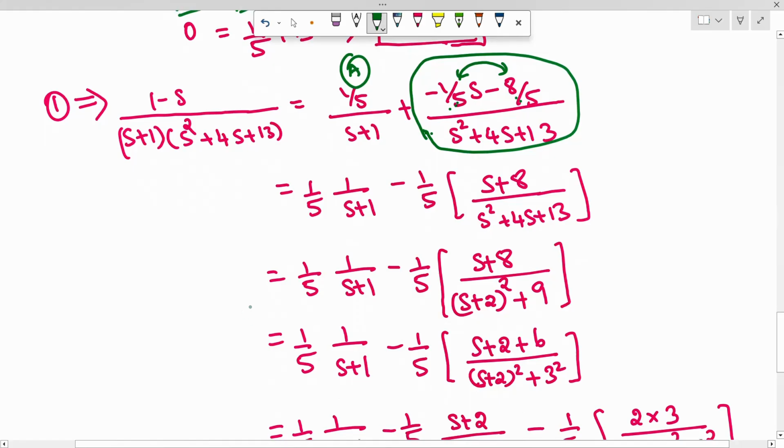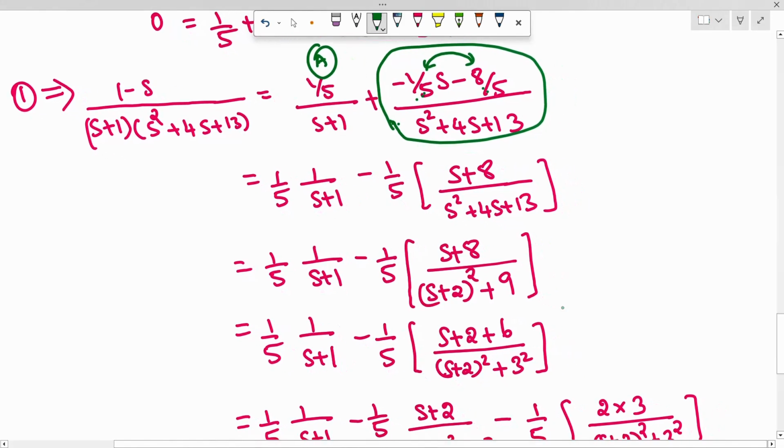There is no change in the first term. So it is 1 by 5 into 1 by s plus 1, minus 1 by 5 into (s plus 8) divided by (s plus 2) whole squared plus 9.